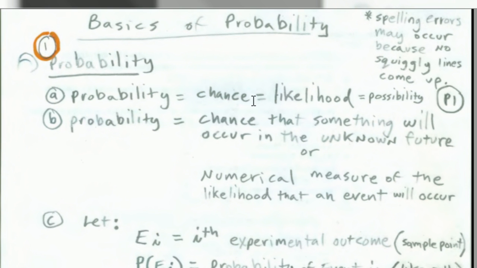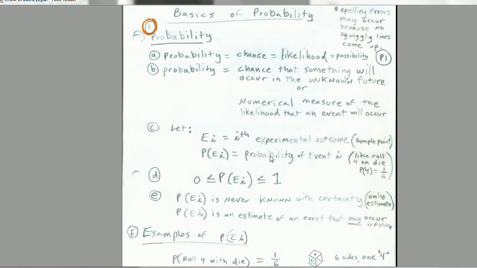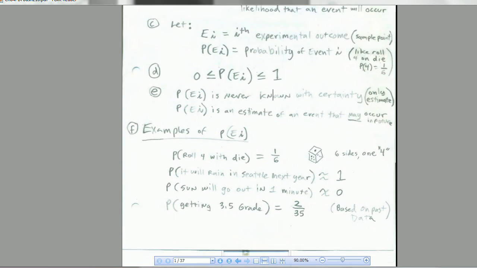Now, probability is a chance that something will occur in the unknown future. Even if we create a probability and we're pretty sure about it, it's still only an estimate. Our probability is never known with certainty. It's only an estimate.